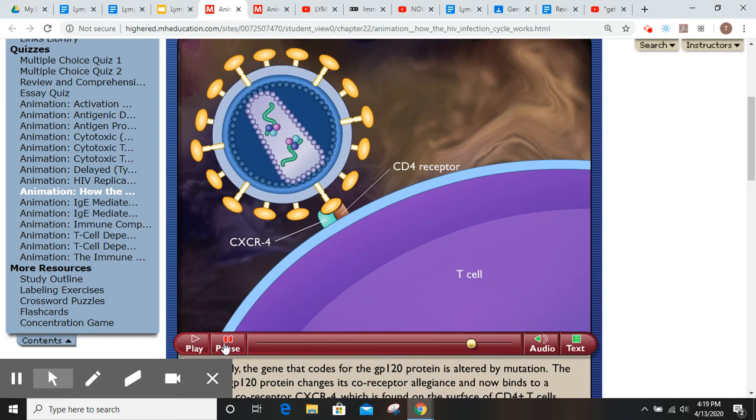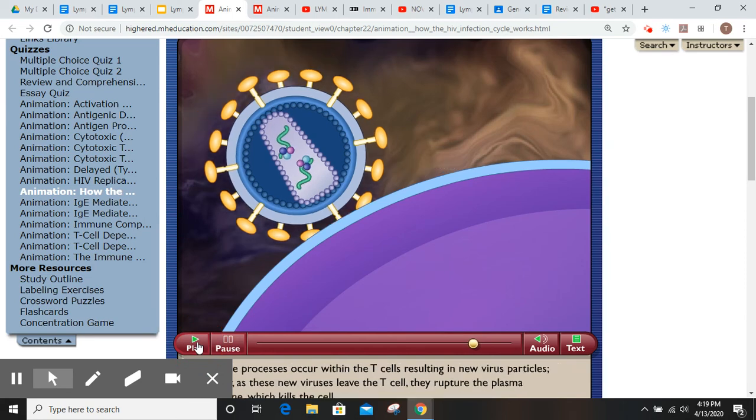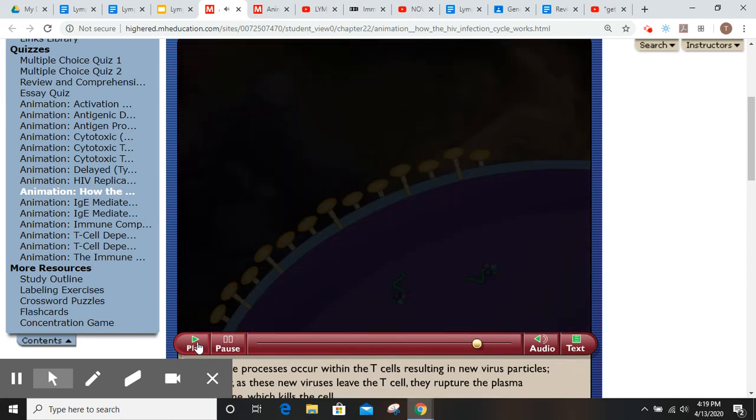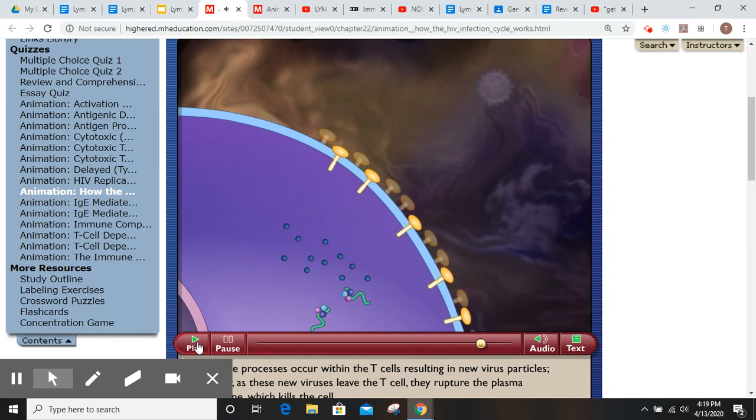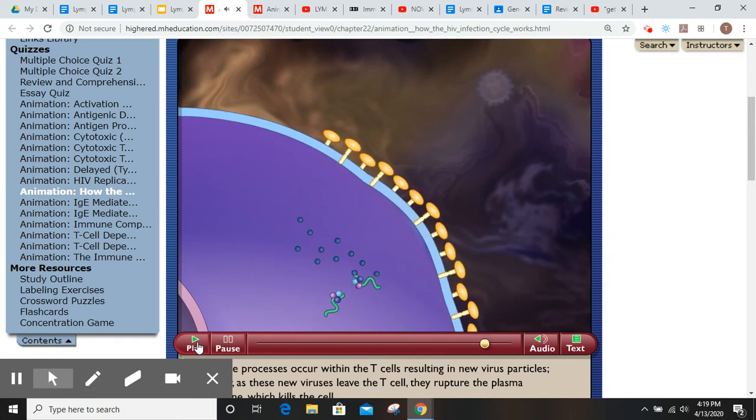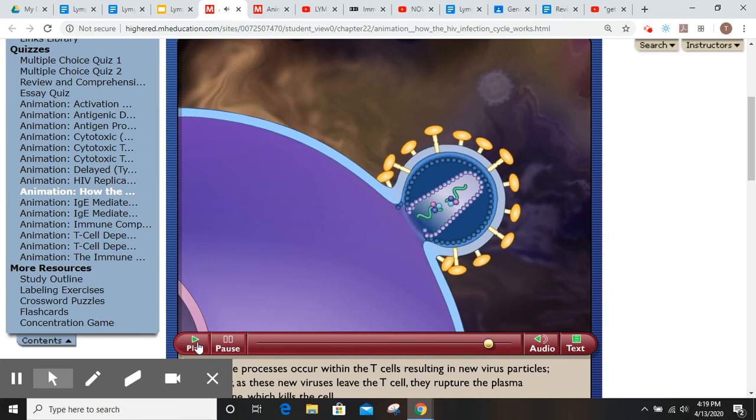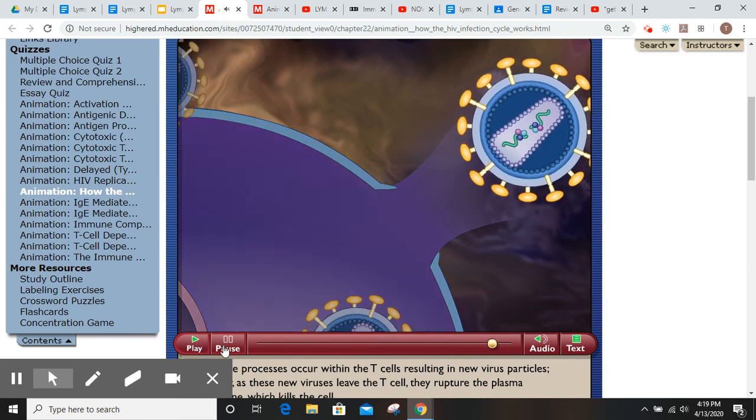So ultimately, the first infection of the HIV virus embeds itself into macrophages and uses macrophages to make copies. And it doesn't hurt us until it becomes mutated, but then once it becomes mutated, it stops hijacking macrophages and instead starts hijacking helper T cells. The same processes occur within the T cells, resulting in new virus particles. However, as these new viruses leave the T cell, they rupture the plasma membrane, which kills the cell.